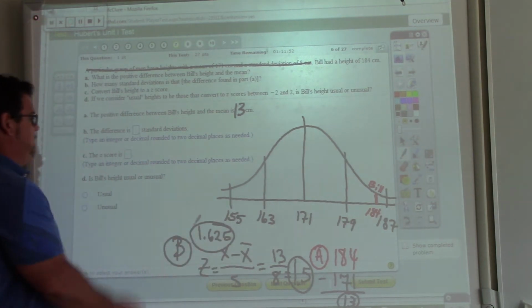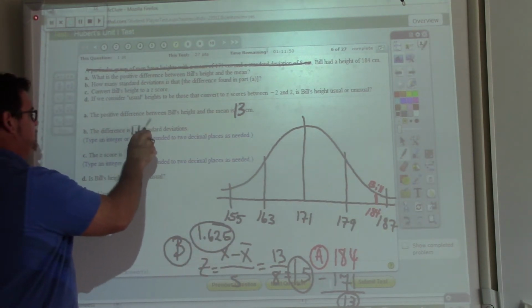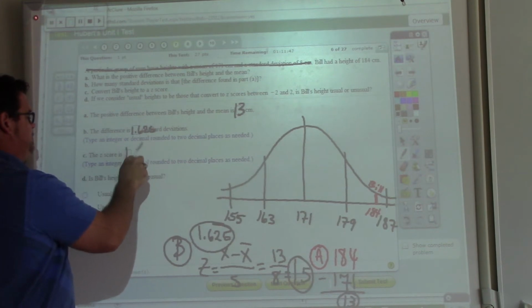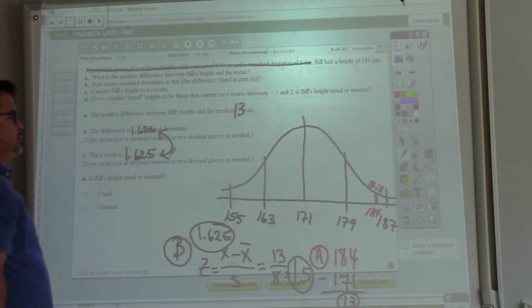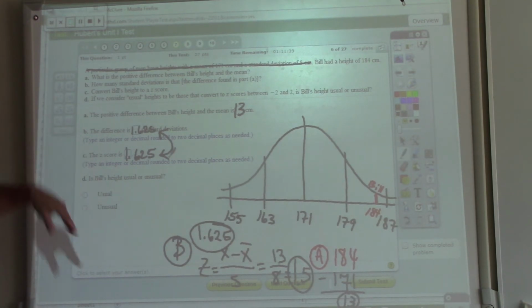So that's how many go here, 1.625 and 1.625. These two are going to be the same number, but it'll have to be 1.63, whatever the rounding. Is Bill's height normal or unusual? Usual.